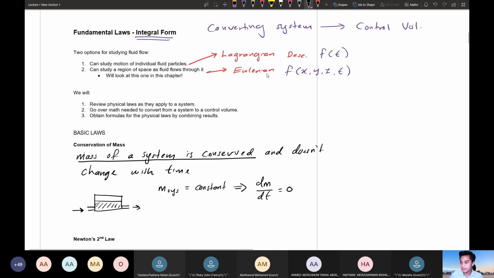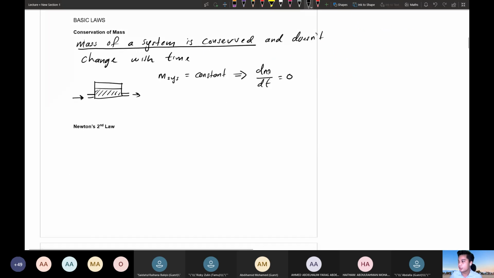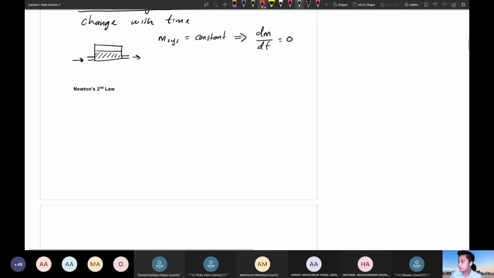And then we learned about Newton's second law. So what is Newton's second law? F equals mass multiplied by acceleration. This is a vector, this is a vector.